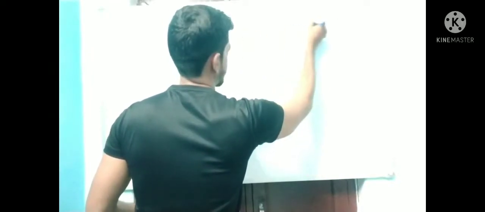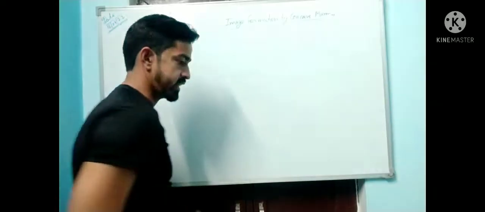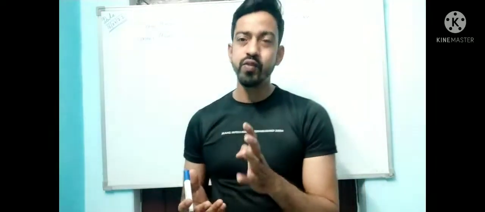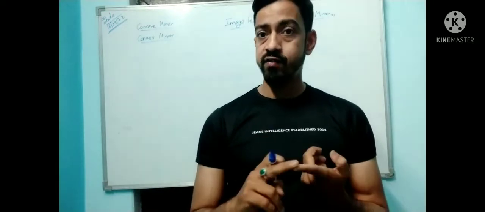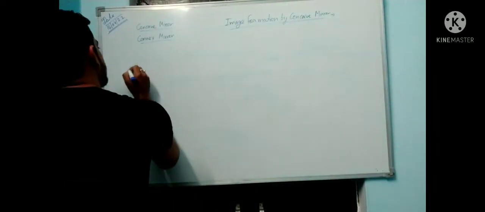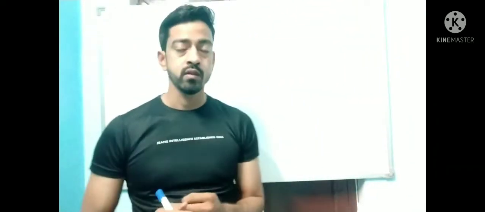Before starting image formation, we have to know how we deal with two lines intersecting each other, because we understand the light is moving in a straight line, so we take it as that phenomenon. So for image formation, we have to know four rules about it.